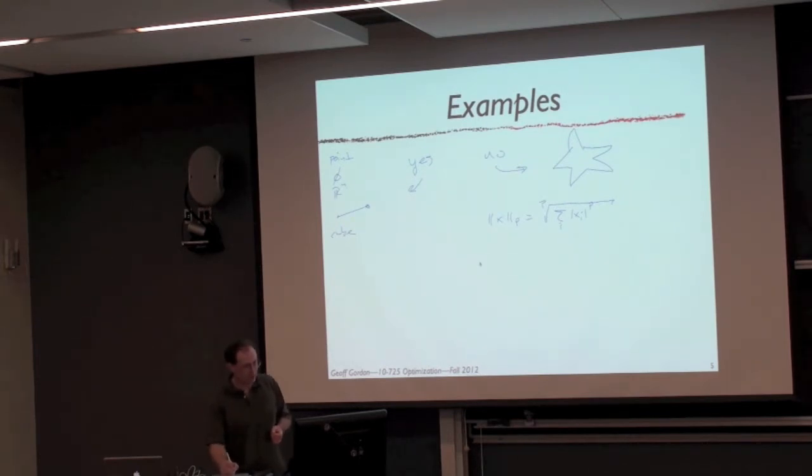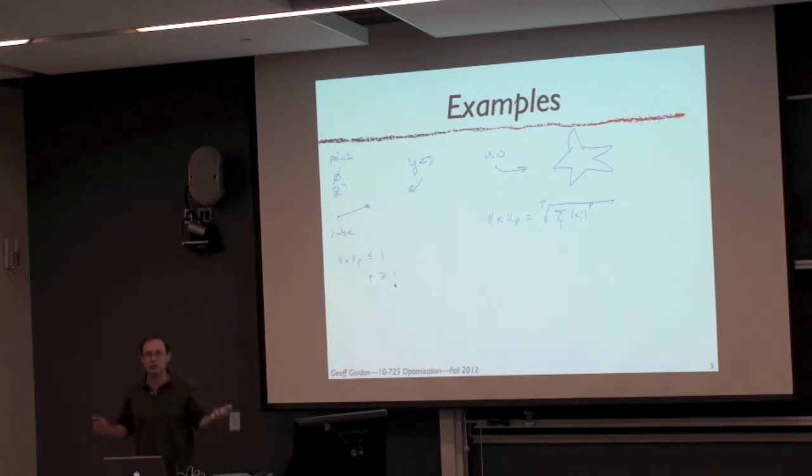If we have the p norm of x less than or equal to 1, where p is bigger than or equal to 1, that's convex, right? So it includes the Euclidean norm as a special case. That's when p is 2. It includes the 1 norm, the sum of absolute values, when p is equal to 1.